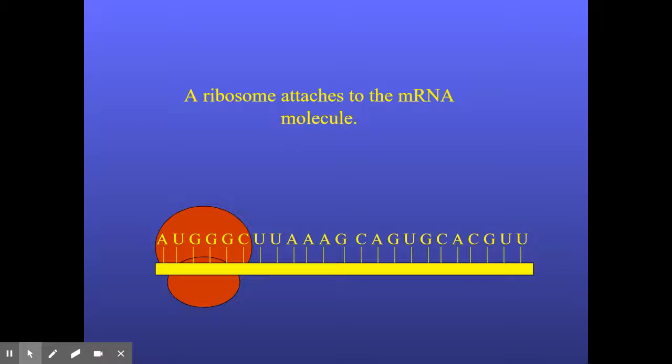Do we have an mRNA here? Yes or no? Yes. So is it transcription where we're making mRNA? No. It's translation, right? So the first step, ribosome attaches to that mRNA. You need to write that down.